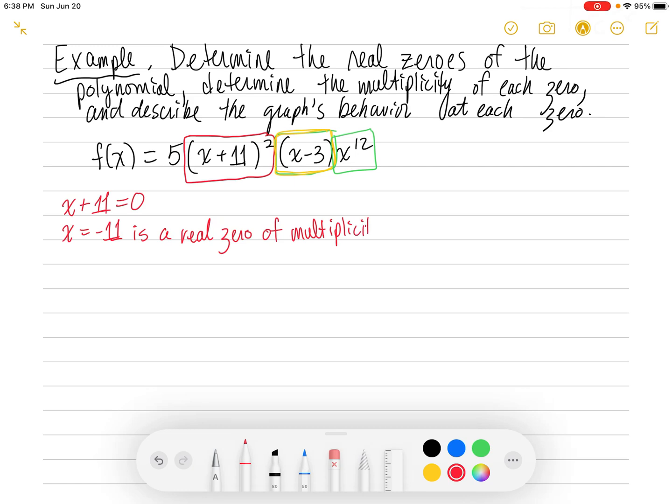Now we have to figure out the multiplicity. That's the power up there, so multiplicity 2, which is even.